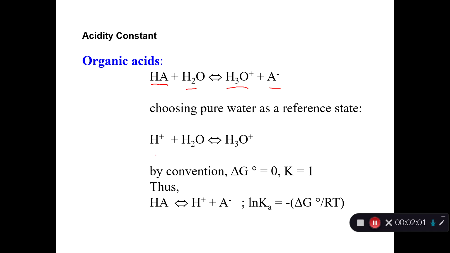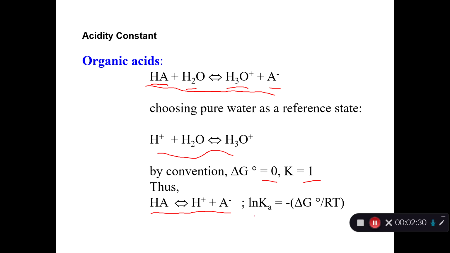And since we know that pure water is our reference state, and by definition the delta G of this reaction is 0, and the equilibrium constant is 1, then we can write this equation in a slightly different form. HA loses a proton to become A minus, and we just ignore the fact that a water molecule is involved, even though we know it is, but we're just going to write it this way.